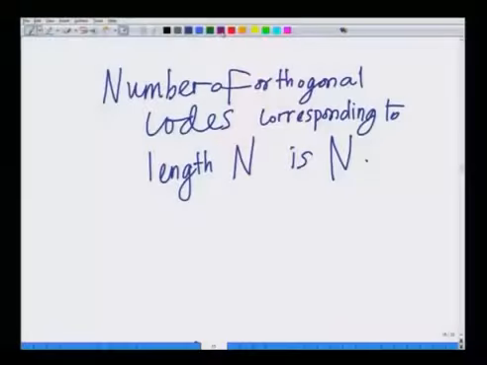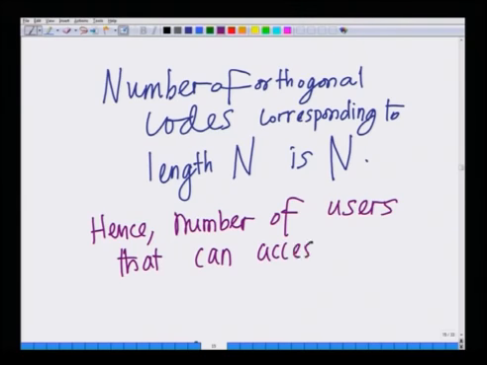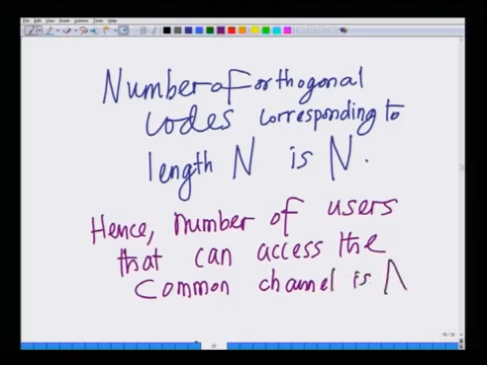Hence, the number of users that can access the channel simultaneously, that can access the common channel, is n.